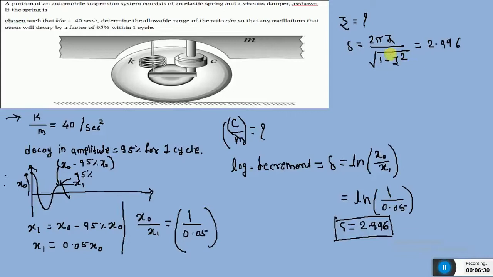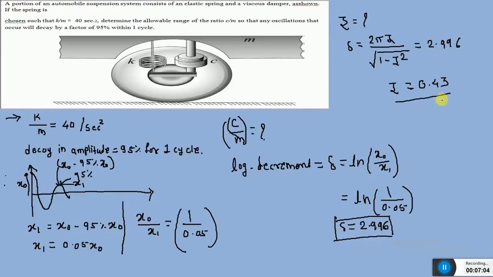Okay, so by simplifying this, we can get the value of zeta. So zeta here is 0.43.